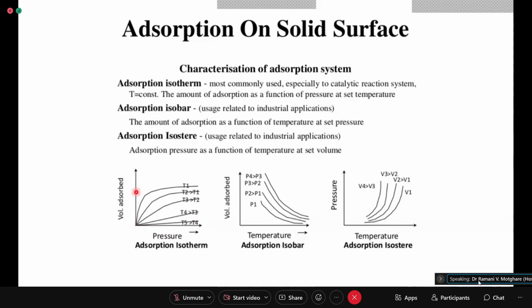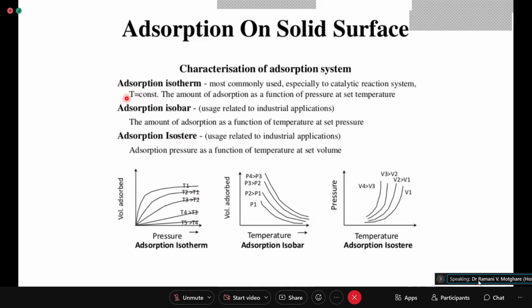The ordinate is always the dependent variable and the abscissa is your independent variable. So the pressure or the concentration is there, and how much is the amount of solute adsorbed is studied. So that is termed as the adsorption isotherm.